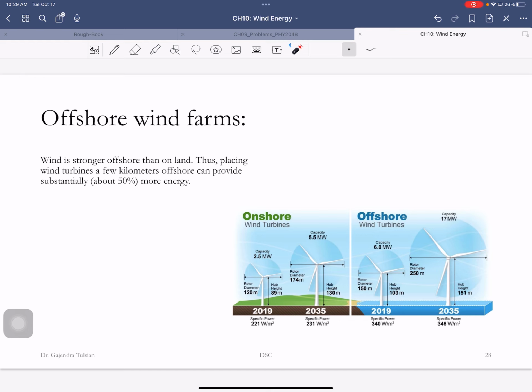Go ahead. I obviously missed the beginning part of the session, but there's a cable that goes to these wind farms offshore. Yeah, it's no big deal. How big are these cables though, in diameter?